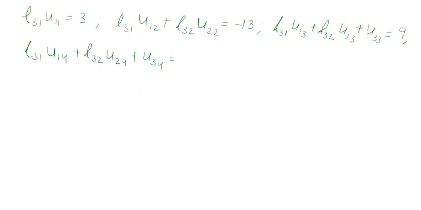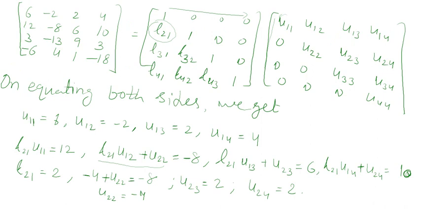Now from the first equation, L31 U11 equals 3. Since U11 is already known, that is 6, L31 equals 3 by 6, that is 1 by 2. Now L31 is 1 by 2, U12 is minus 2, and U22 is obtained as minus 4.